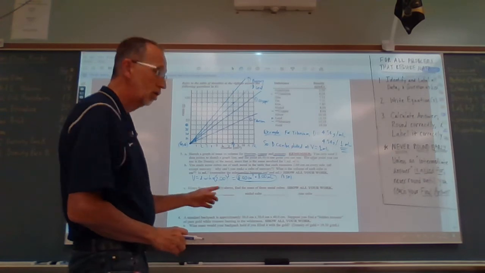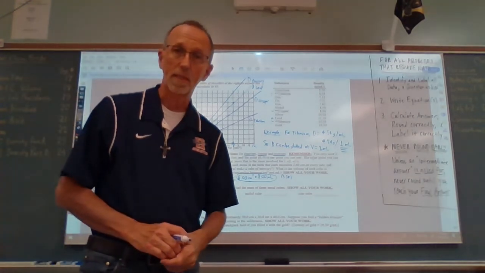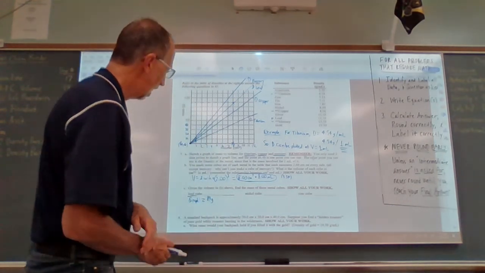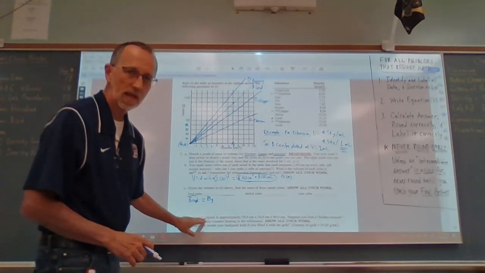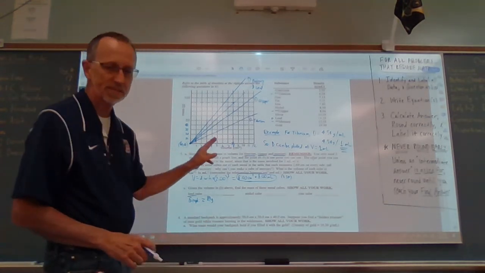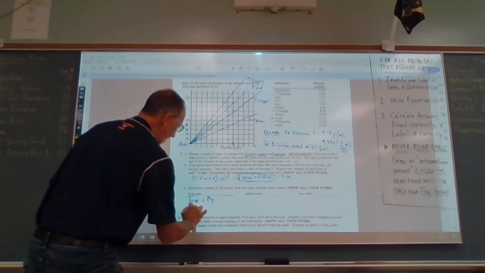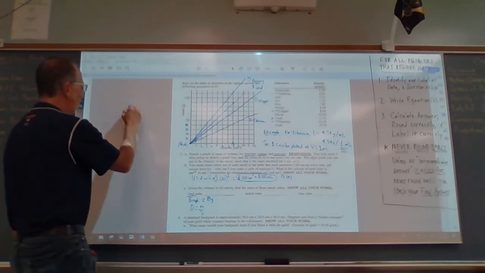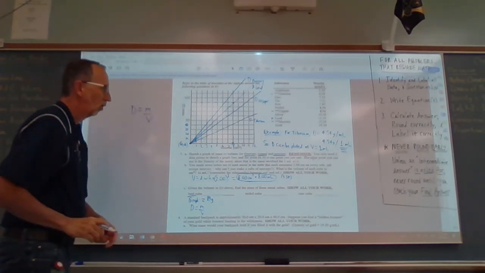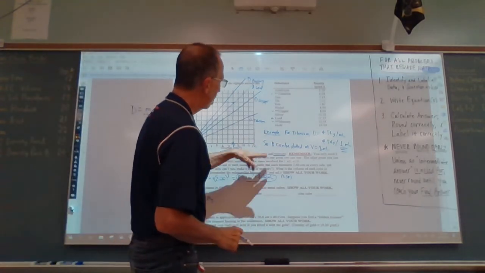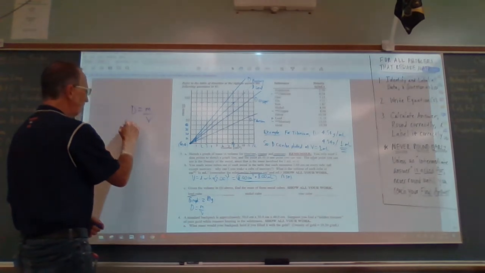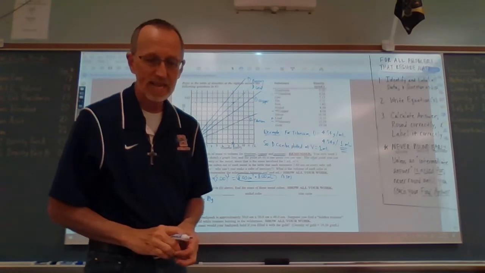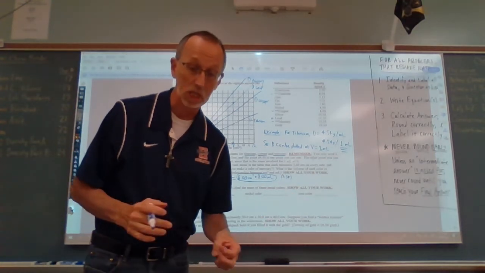All right, now you can also do this mathematically. We've already established the mathematical relationship between mass, volume, and density. I'm going to write it over here just so you can see it better. So remember, density is mass over volume. So D equals M over V. All right? Well, we have the density of lead, which is 11.35. We have the volume, which is 8.00 mLs, right?